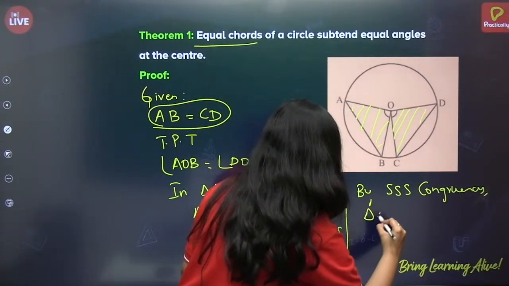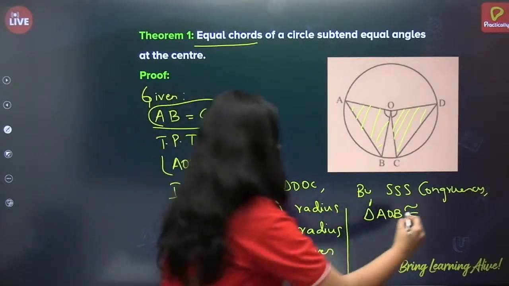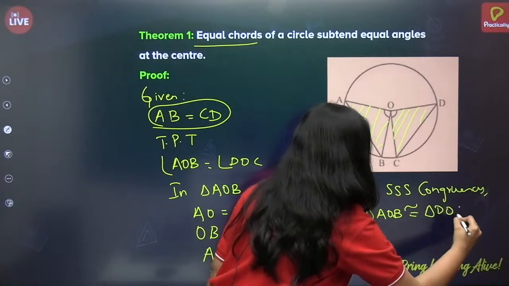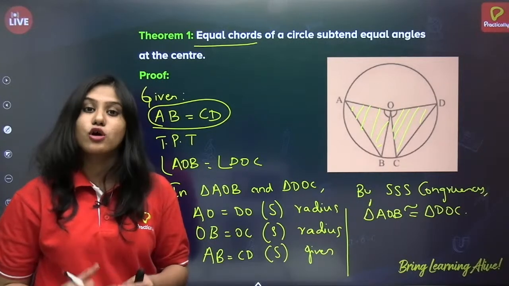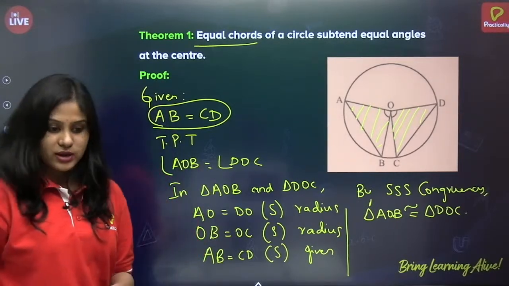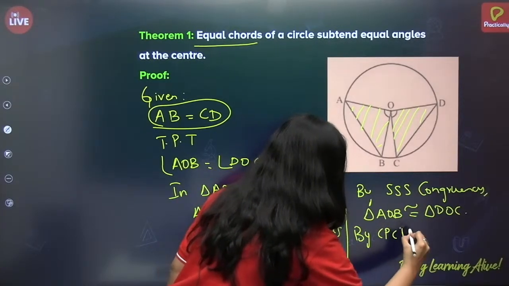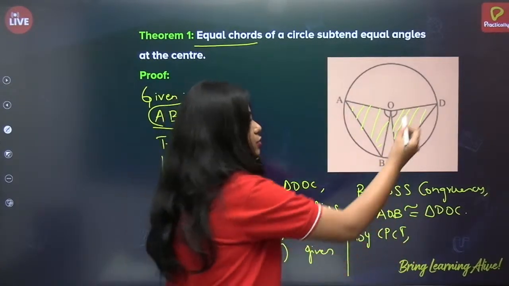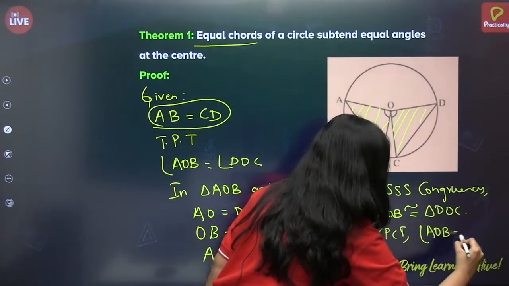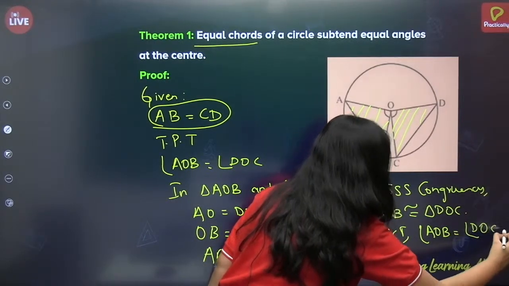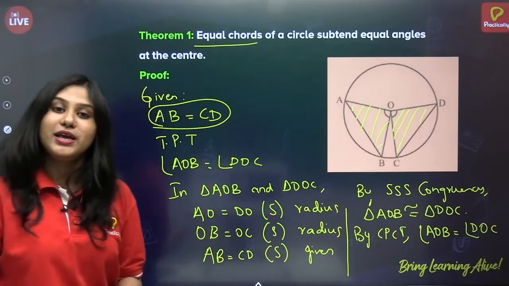So triangle AOB is congruent to triangle DOC. And what do we know about CPCT? That is, corresponding parts of congruent triangles are equal, correct? So by CPCT, angle AOB is equal to angle DOC. Hence, we have proved that equal chords of the circle subtend equal angles at the center.